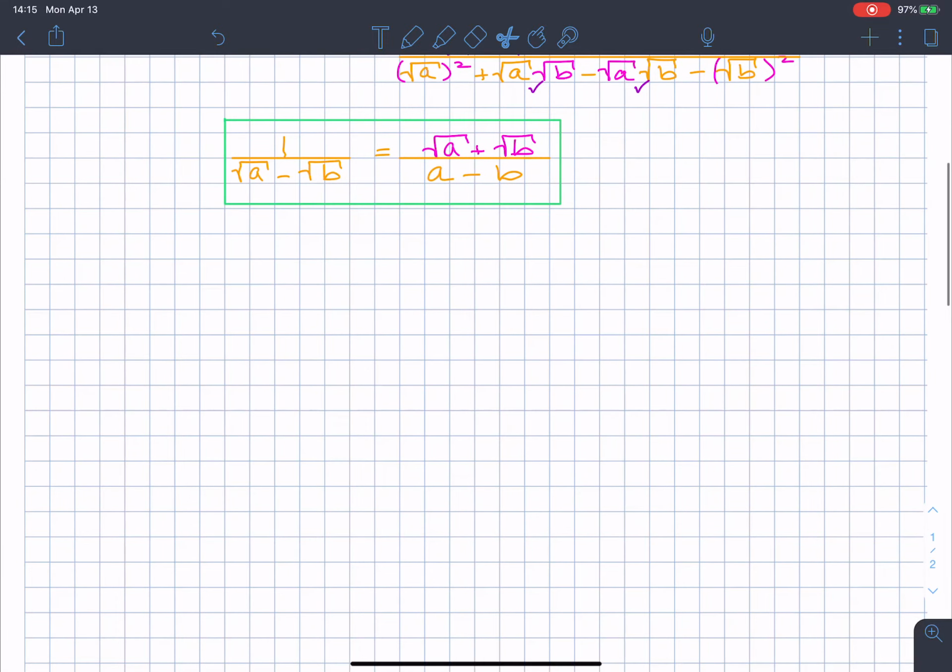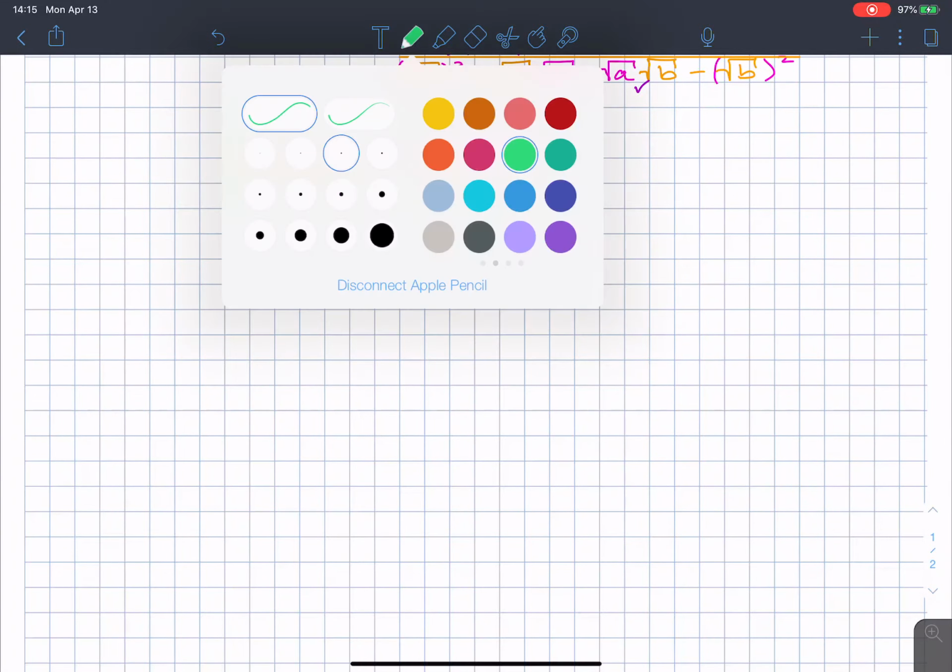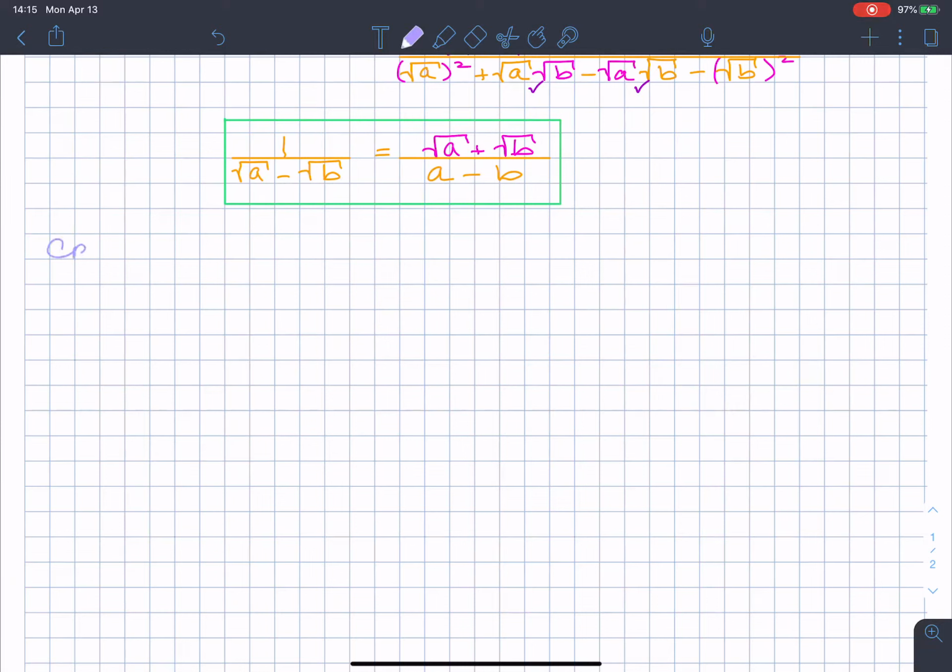Okay. So creating a golden rectangle. So number 1 is to create a square with side length 1, and I'll show all of this after I write these down.